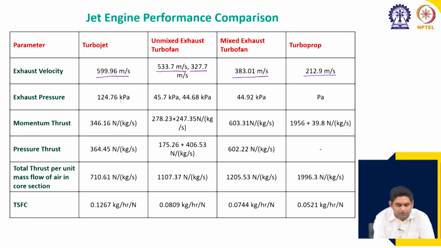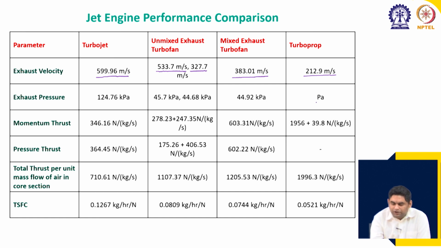Next is exhaust pressure. So, what is the conclusion from this? That from turboprop towards turbojet, the exhaust gas velocity keeps on increasing. Okay. What about the exhaust pressure? Here by exhaust pressure I mean that if the nozzle is choked, that is, it is not at ambient condition, then what is the pressure of the choked nozzle.